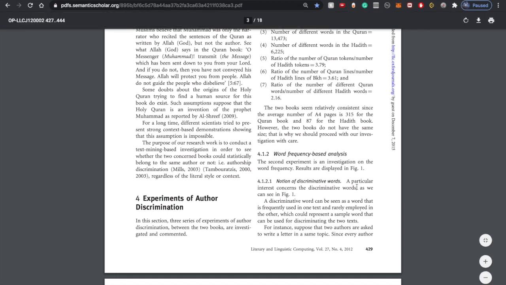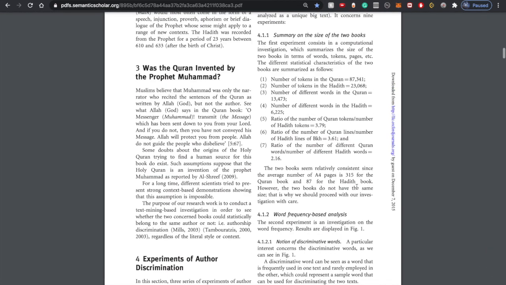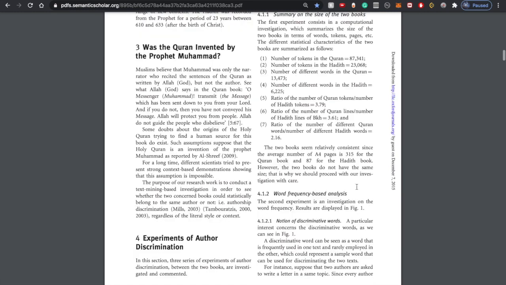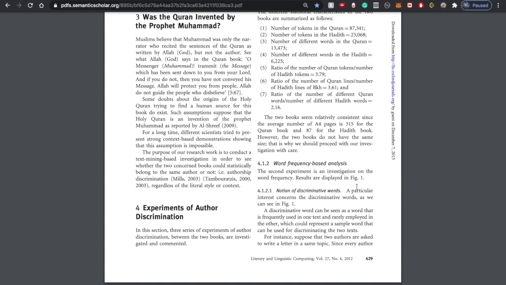And so this paper is divided into 3 sections. The first section looks at the 2 books in a global form, and 9 experiments are done. So the books are looked at from the point of view of a large part of the text, as much of the text as has been taken.